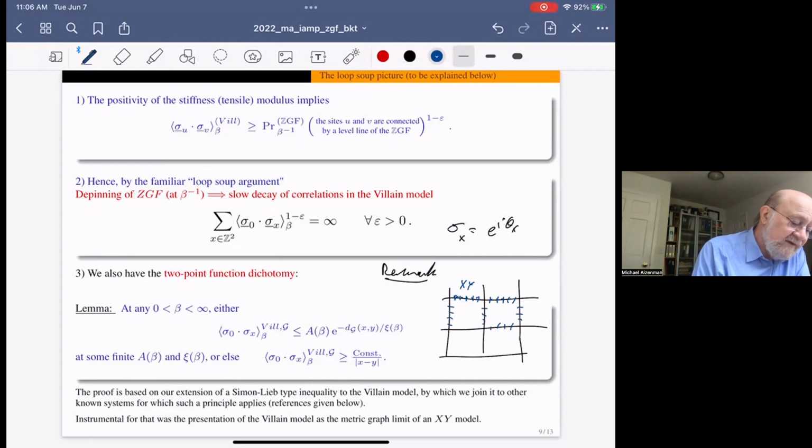The couplings are driven to infinity, but at a rate which produces a mass gap in the sense which was used before along a single edge. So Villain is the limit of XY models.